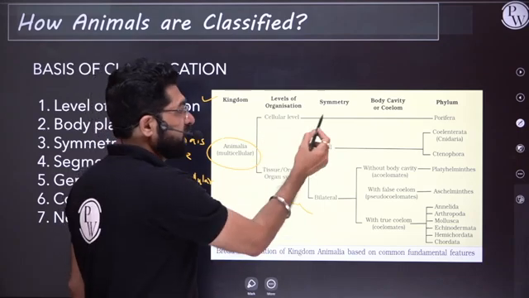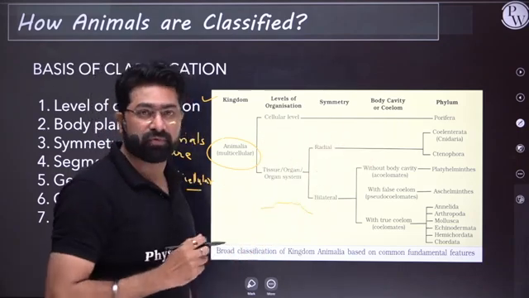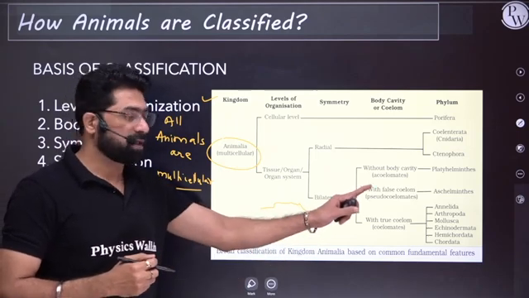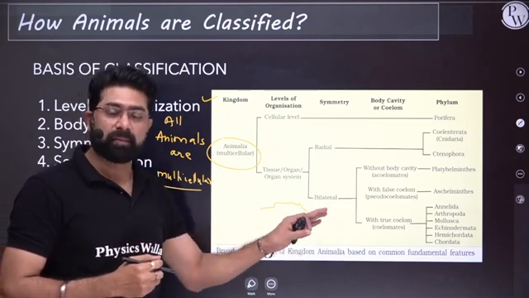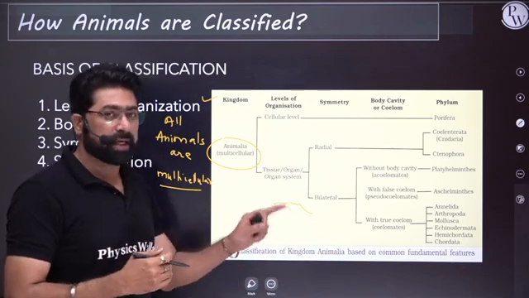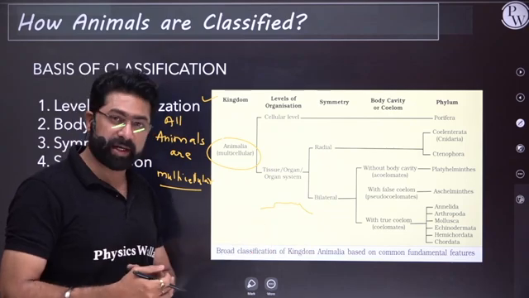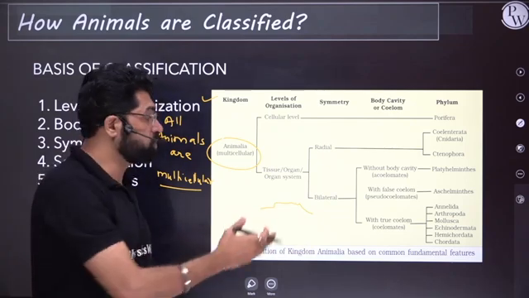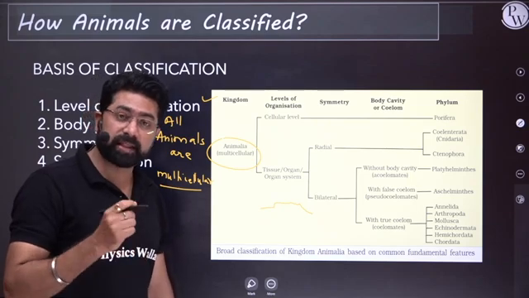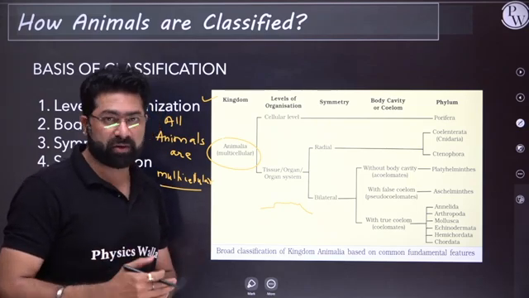If we talk about asymmetrical, then it is Porifera. Bilateral will be the rest, including the Platyhelminthes, Aschelminthes, Annelids, Arthropods, Molluscs, Echinoderms, Hemichordates, and Chordates. Even Echinoderms belong to the Bilateria group, because in the larval stages they had bilateral symmetry.